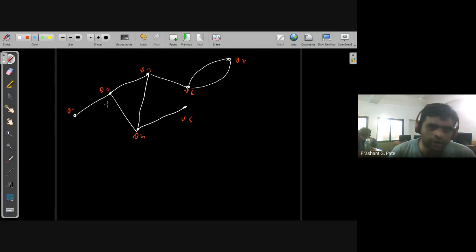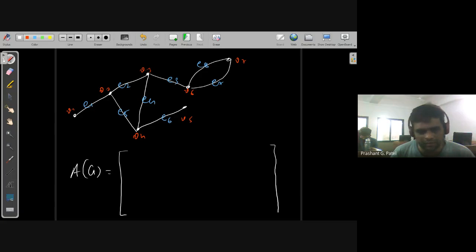The edges are denoted as E1, E2, E3, E4, E5, E6, E7, and E8. Now we have to write down what AG of this is.